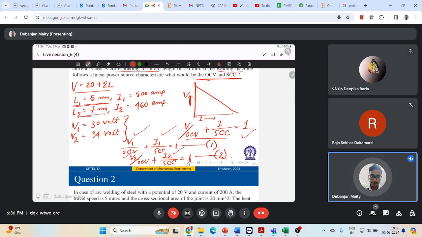It's a simple linear relationship, straightforward. You can ask me if there is any confusion. Please solve this.